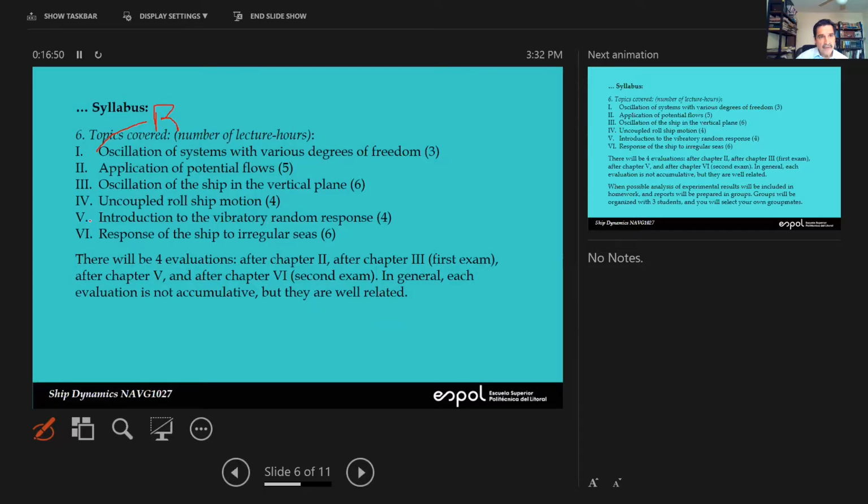The first one, chapter 5, is an introduction to vibratory random response, okay? There, basically what we want you to be able to see is how to calculate the spectrum of the response when you have the spectrum of the excitation. Basically that's what we need you to calculate. And then in chapter 6, we simply apply what we did in chapter 5 to the ship.